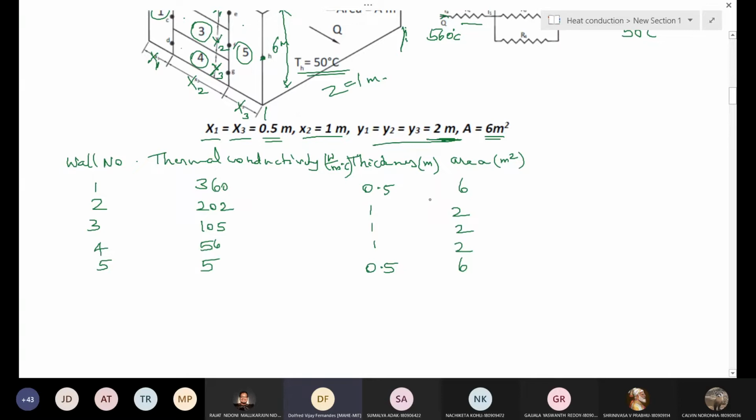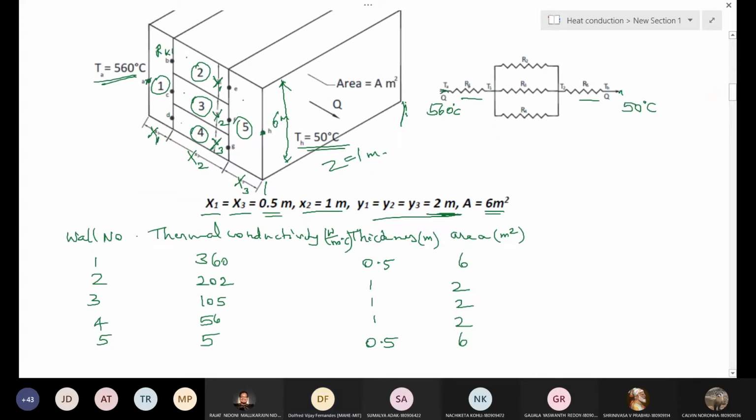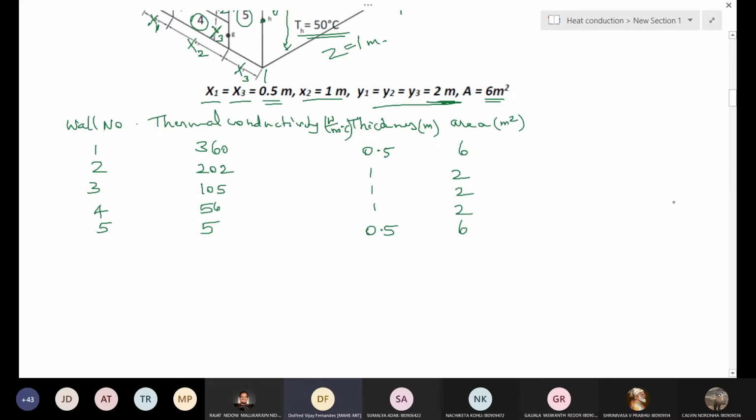Now write the resistances RK1, RK2, RK3, RK4, and RK5. Resistances of the wall, RK1, how do you write? These are planar walls, so thickness of the wall divided by K into area. 0.5 divided by K into area. K is 360, area is 6.